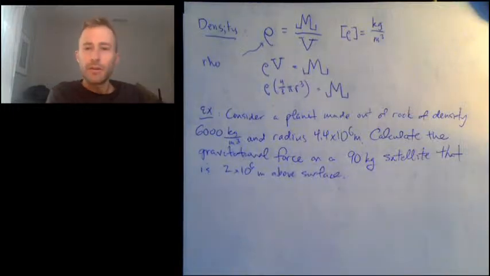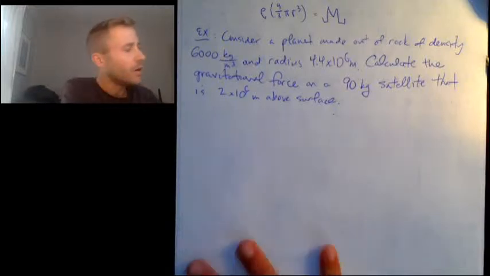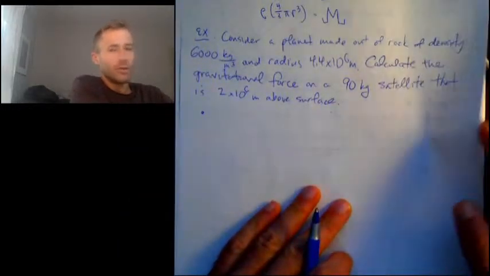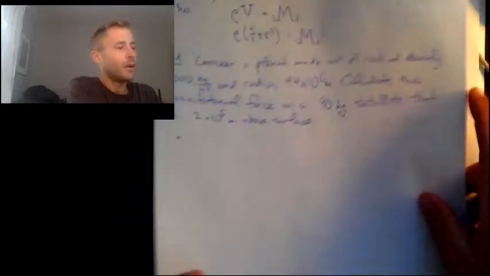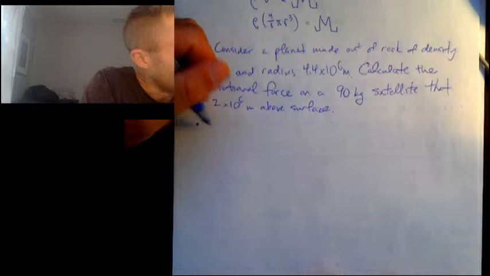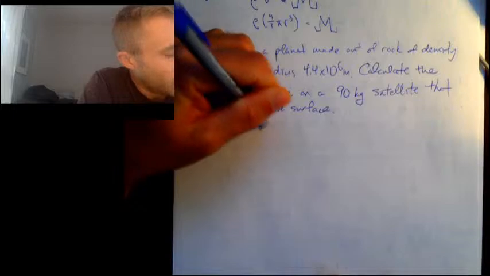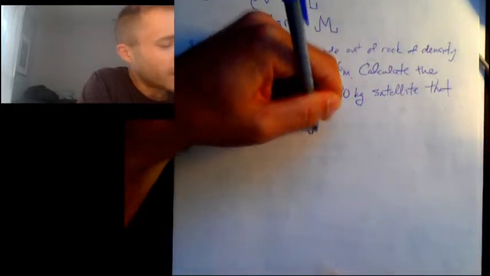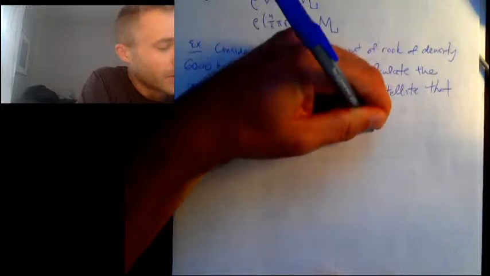Okay. So we're just going to do one example today because this has like all the stuff that we're going to need for the homework. So the first step here is we're going to be calculating the gravitational field, so we need big M. All right. So the first thing is we need to get the mass of the planet, and the planet is spherical. So we're going to use the equation mass of the planet is density times 4/3 pi r cubed.